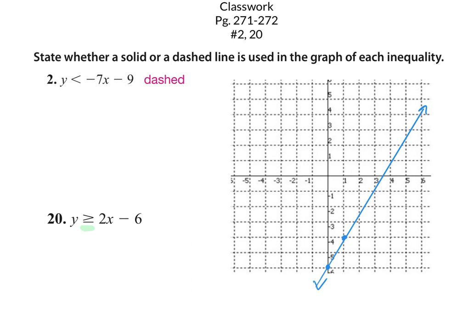So this is why I use my y-intercept. I find my y-intercept and I say, which side of the line does the graph fall that would be larger than this? This is -6. Which side is larger? This part of it's larger, right? If it were smaller, I would actually be down here. So if this side is larger, then everything on this side of the line is going to be shaded.